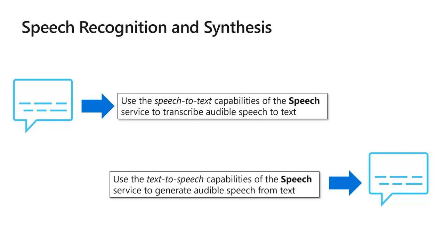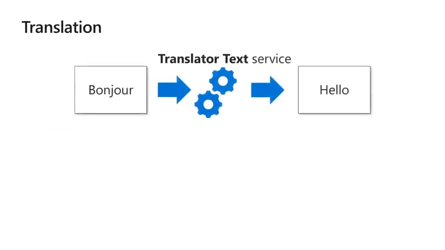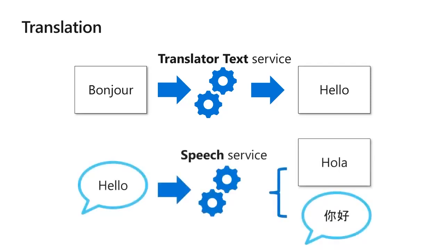That's the other option. So that's really speech recognition and synthesis. Now, when we're talking about translation, the Translator Text service enables you to translate text between more than 60 languages. So bonjour to hello. You can also translate audible speech by using the speech service, and it has the ability to produce translated output in text or audio format. So you say hello and you get hola in return.